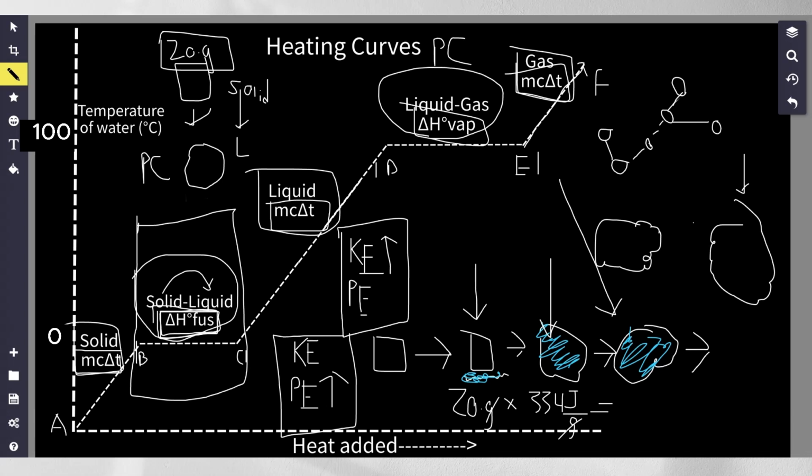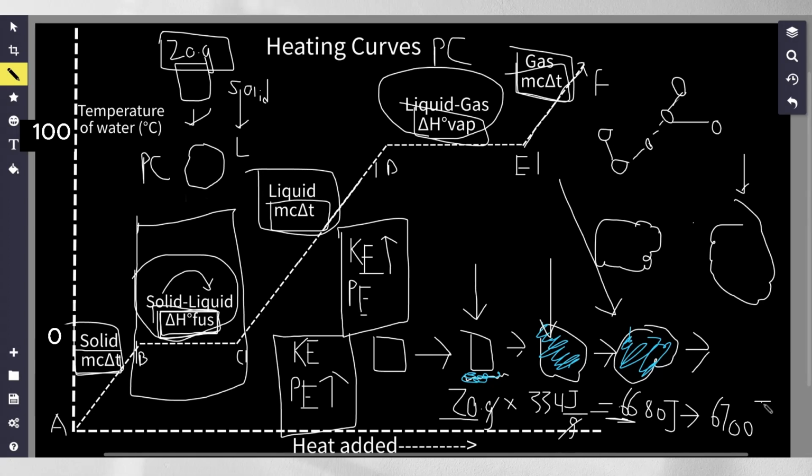If I just plug this into my calculator, we're going to get 6,680 joules. But remember that we have to round to the correct number of sig digs. This has the least amount of sig digs, which is 2, so we're going to round to 2 sig digs. This is going to be 6,700 joules, which is going to be our answer.